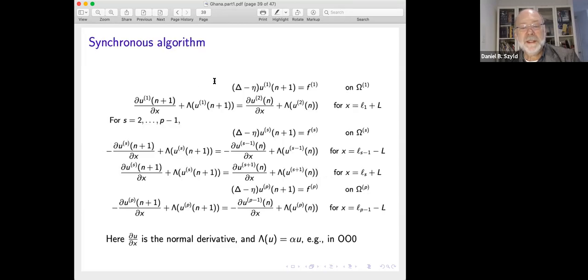And then the synchronous algorithm says, solve my problem using my Robin type condition on the right. For the middle ones, you have the local problem on the domain. And we have left and right boundary conditions, and on the rightmost, we have left boundary conditions. Okay, so this is my synchronous method.